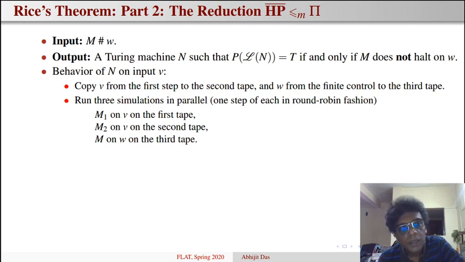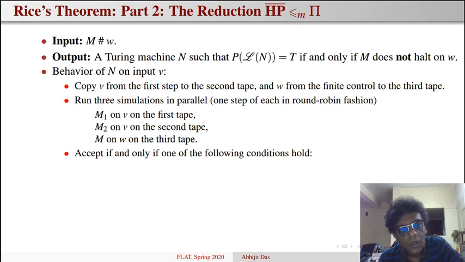Then the acceptance condition for this machine N is this. N accepts if and only if one of the 2 following conditions holds.